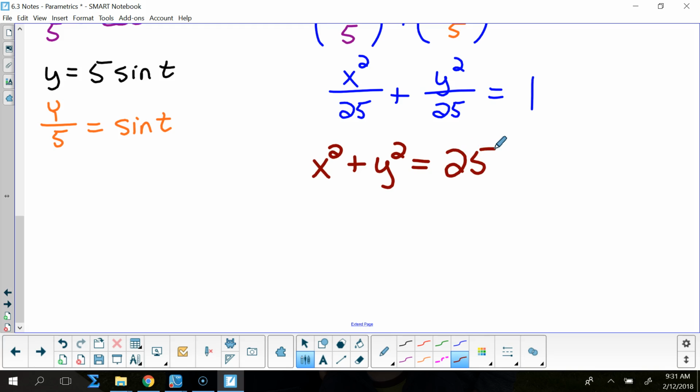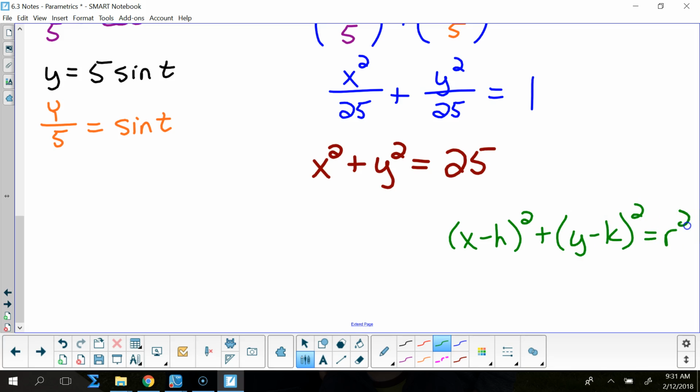Which fits my algebraic form, x minus h quantity squared plus y minus k quantity squared equals r squared. That's the algebraic form of a circle centered at the point h comma k.